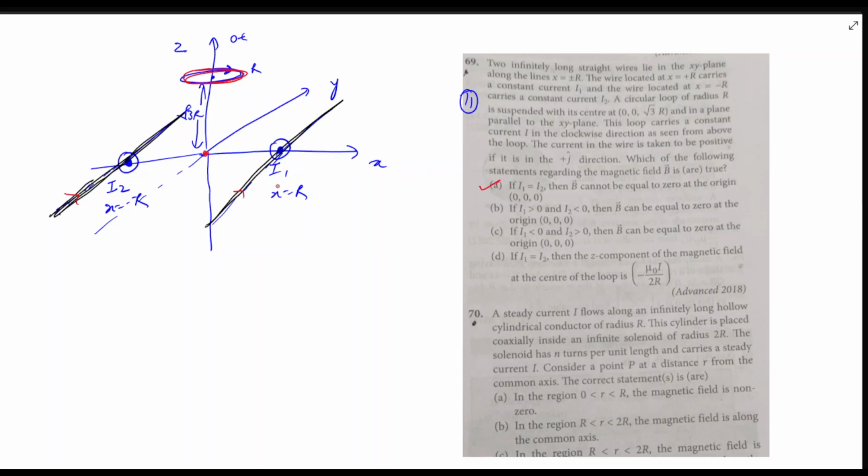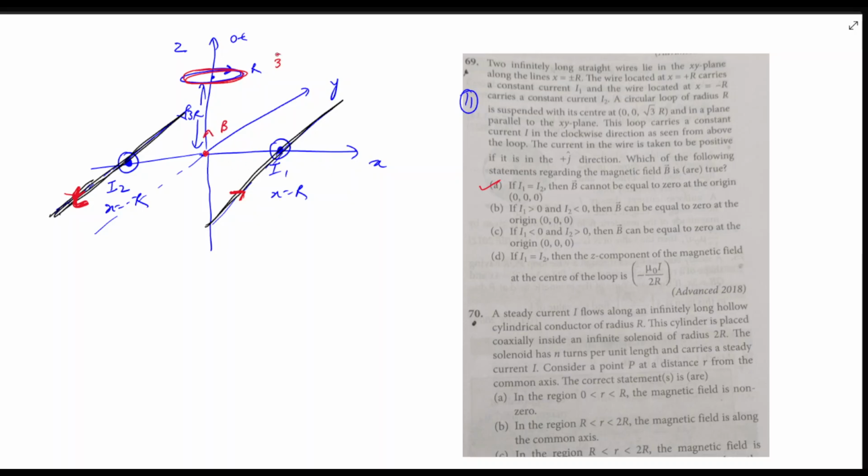Next. If I1 is greater than 0 and I2 is less than 0, so the current in this is like this, and in this it will be in the opposite direction. Okay, now what happens is the magnetic field can be equal to 0 at the origin. So due to this, the magnetic field will be in this direction.